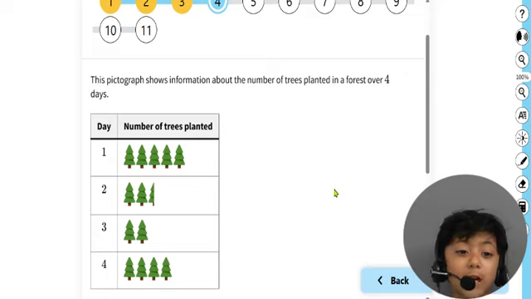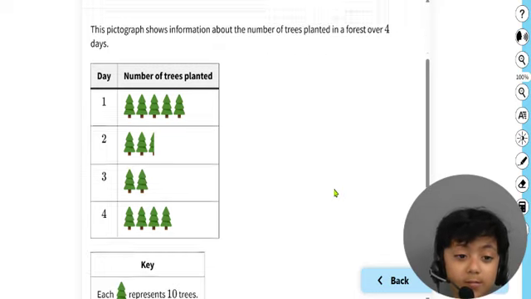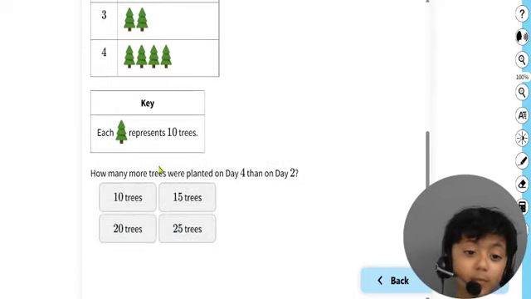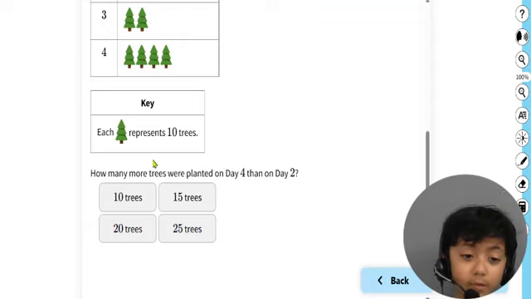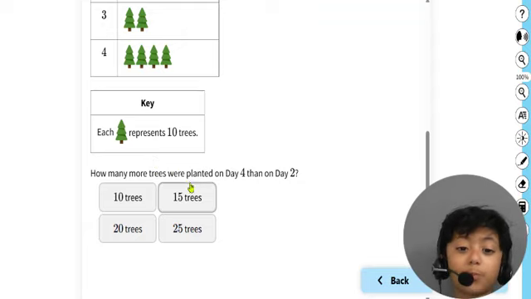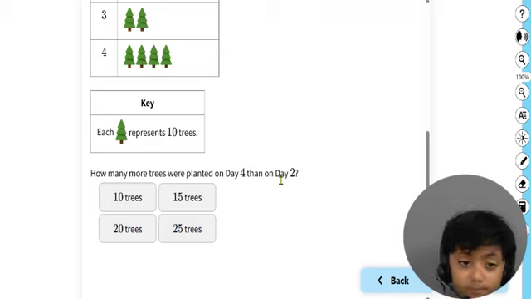This pictograph shows information about the number of trees planted in a forest over 4 days. The key is that each tree represents 10 trees. How many more trees were planted on day 4 than day 2?